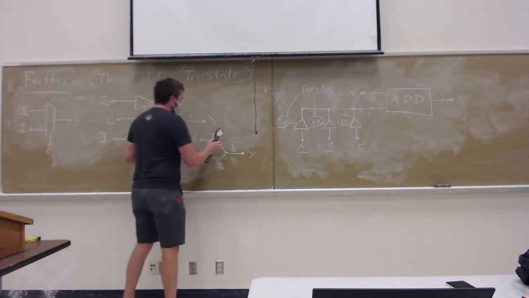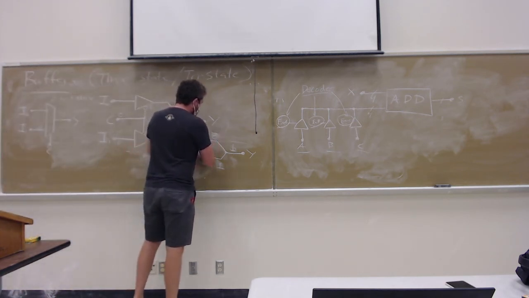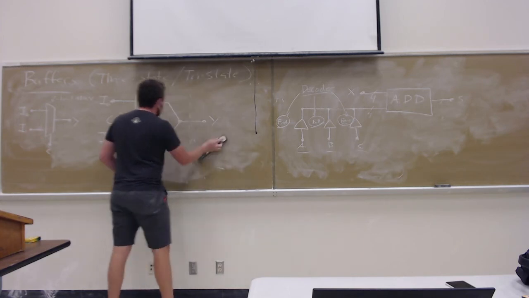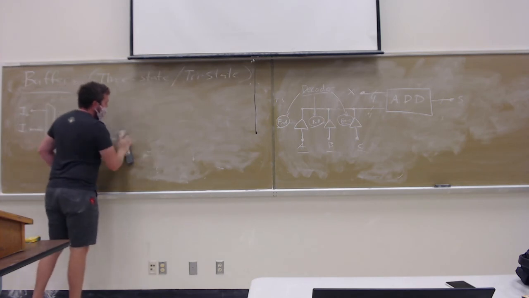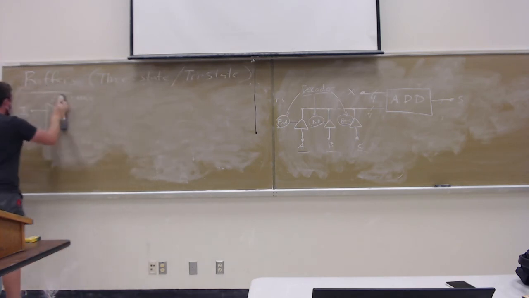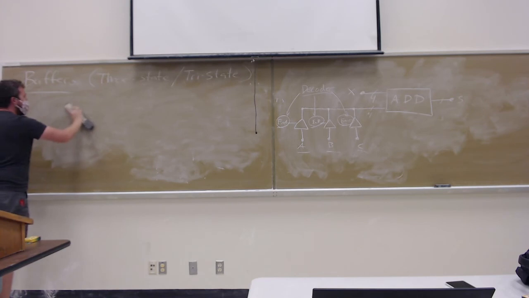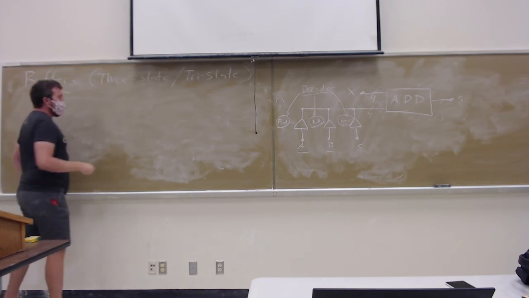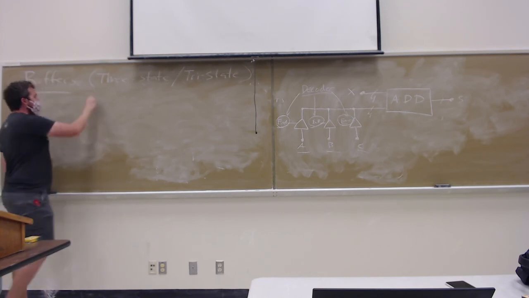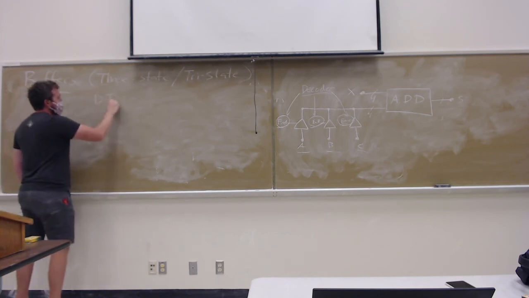The last thing I want to show you before we call it a day, maybe get out of here a little bit early, is this: if you've ever worked with an Arduino or some other kind of microcontroller, then you're probably familiar with digital I/O, pins that are listed as DIO.